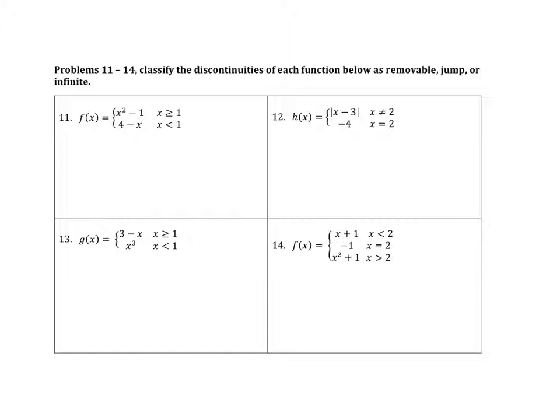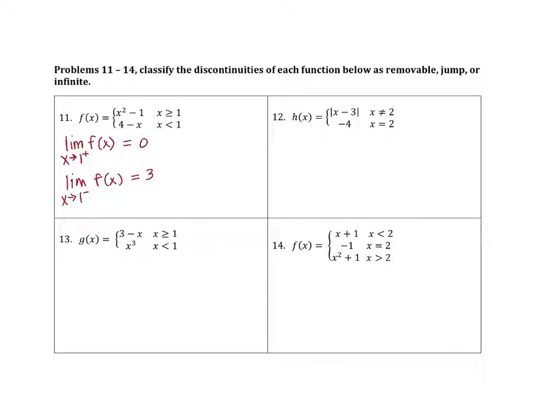So here with number 11, if I look at the limit as x approaches 1 from the right of our function, let's see, what's that going to be? If I plug in a 1 from the right, it looks like we're going to get 0. And then if I do our limit as x approaches 1 from the left of our function, then we're going to get a 3.